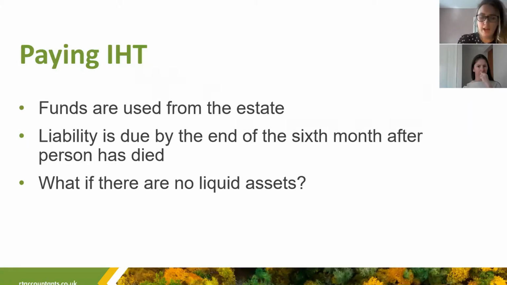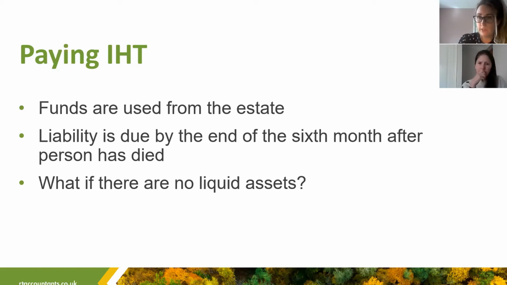So what if you do have an inheritance tax liability? How do you pay the inheritance tax? So it's the executor's responsibility to pay the tax. If there is inheritance tax due, there may be cash in the estate, which usually can be used.